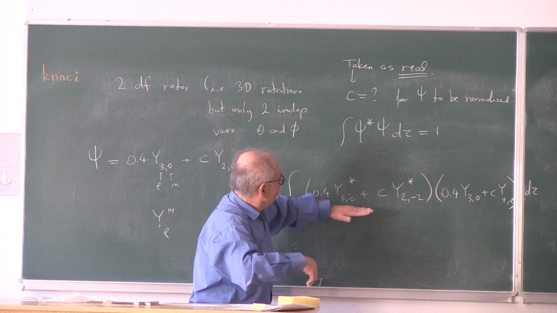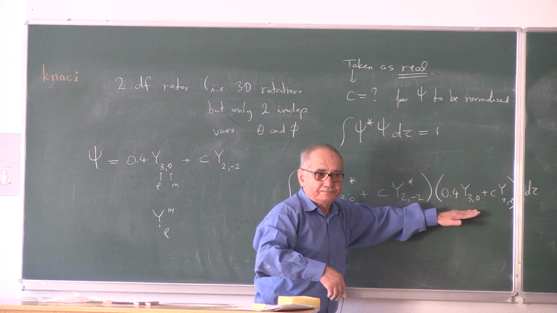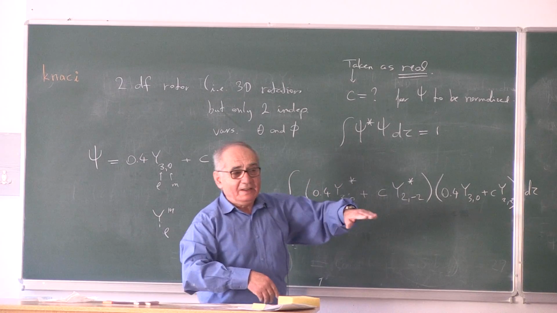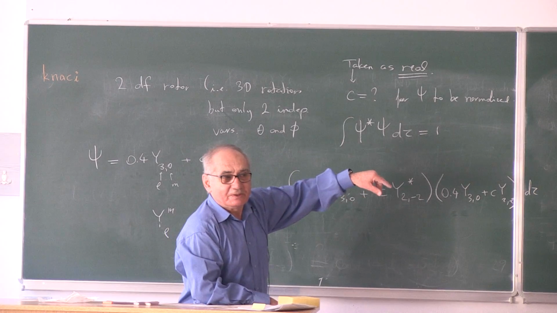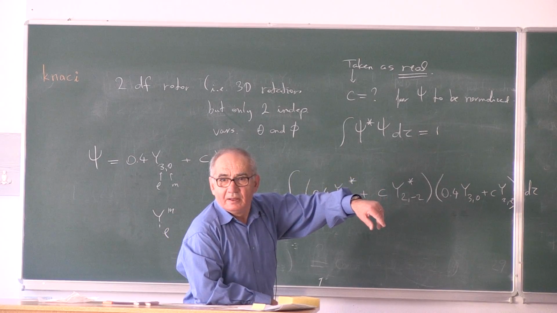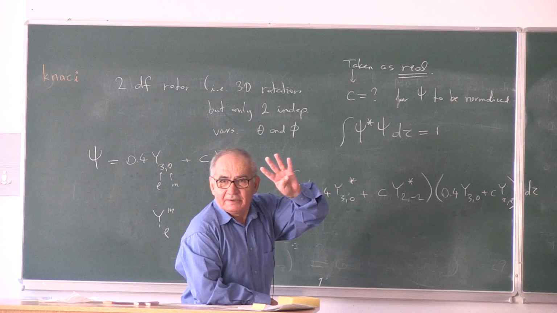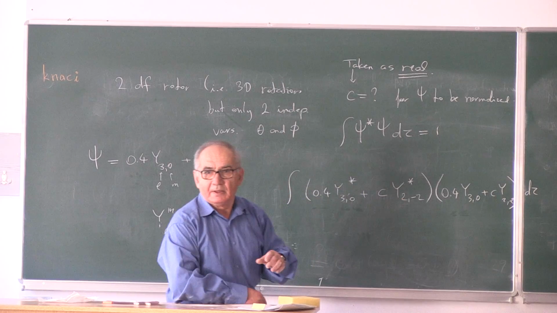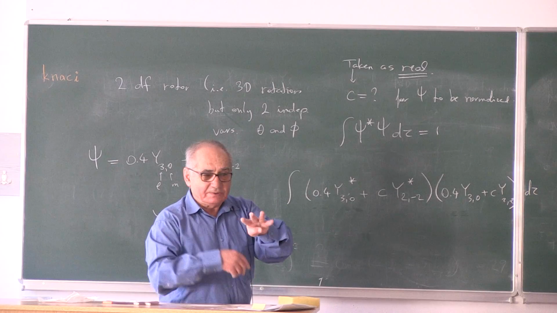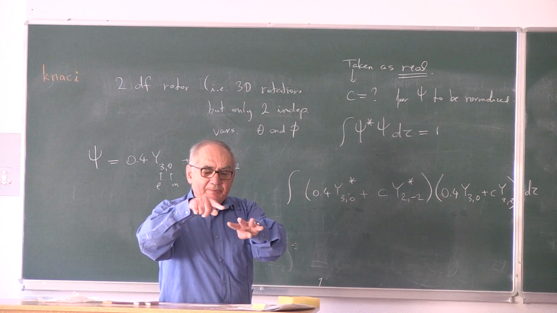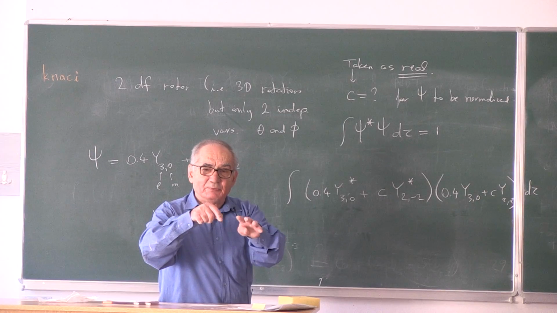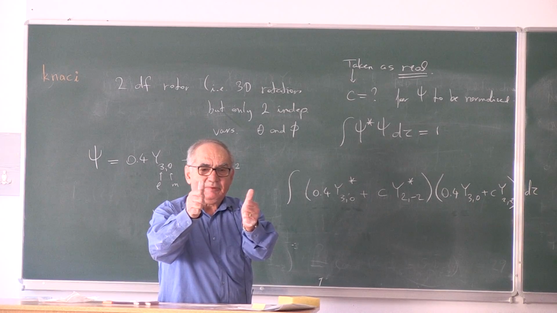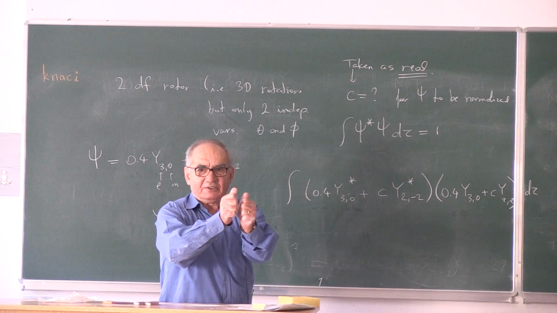When you expand 2 terms here, 2 terms there, how many integrals are going to result? 4 integrals, right? Because there are 2 terms here, 2 times 2. There are going to be 4 integrals. Some of the integrals will contain a product of different functions.